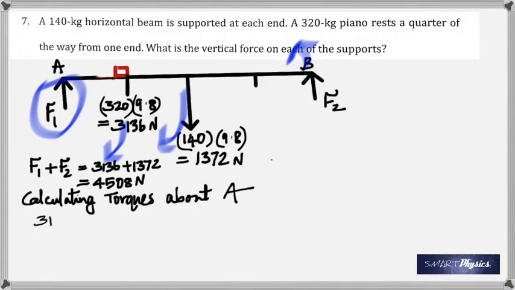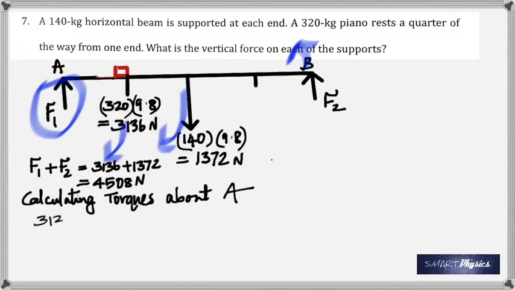And when you take a careful look at A, you have F1 trying to turn it in the clockwise direction, but you have F2 trying to turn it in the counterclockwise.